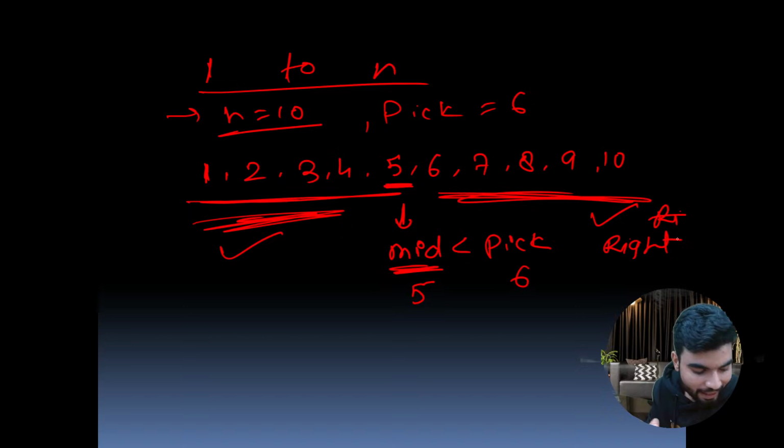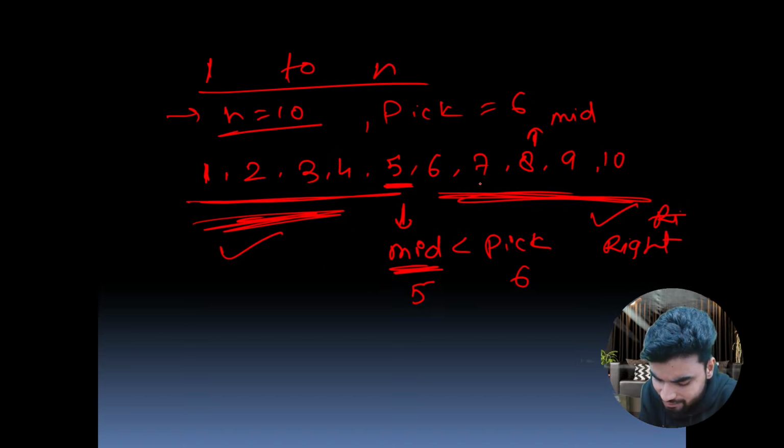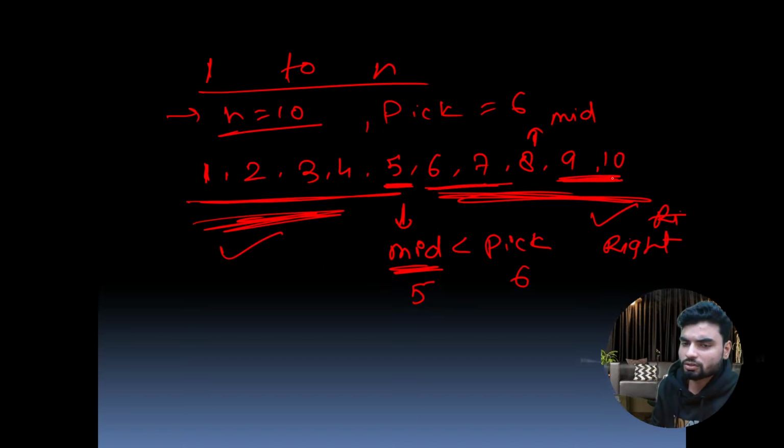Yes or no? And again, let's say mid is 8. If mid is 8, and I ask you whether you will search in this range or in this range, which will you choose?